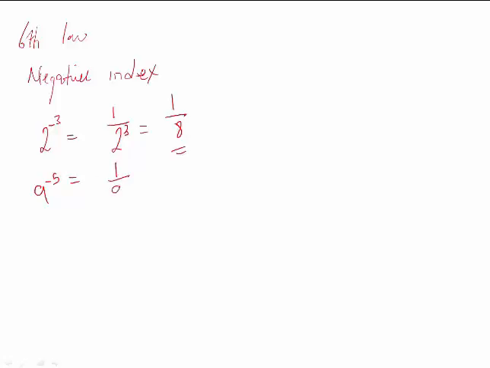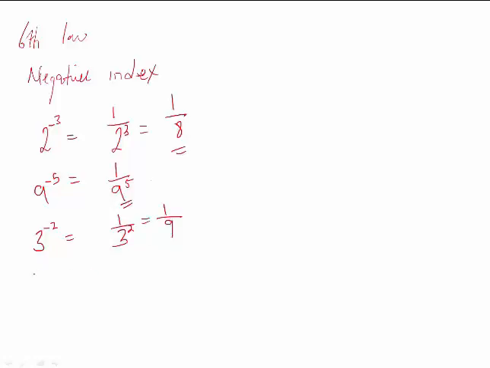Now assuming we have A raised to the power of minus 5, then we have 1 all over A raised to the power of 5. So this would be my answer here. Then if we have 3 raised to the power of minus 2, what this simply means is 1 all over 3 raised to the power of 2. Then when you say 1 all over 3 times 3, that will give you 9.